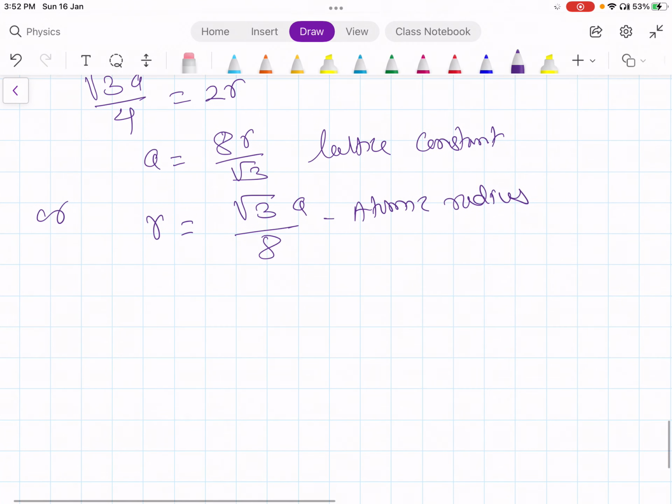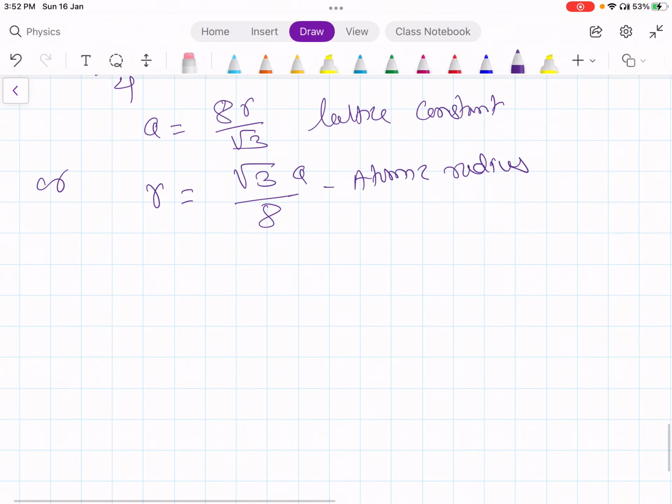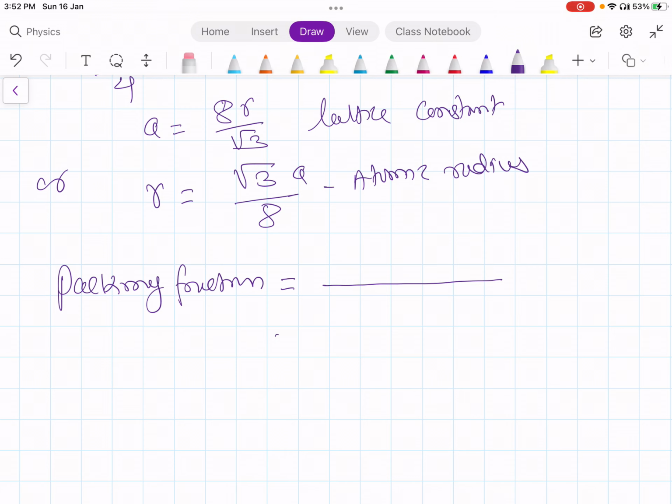Then let's find the packing fraction. Packing fraction is the ratio of the volume of effective atoms in the unit cell to the volume of the unit cell. In case of diamond, there are 8 effective atoms per unit cell. So in this case, it is the volume of 8 carbon atoms divided by the volume of the unit cell.